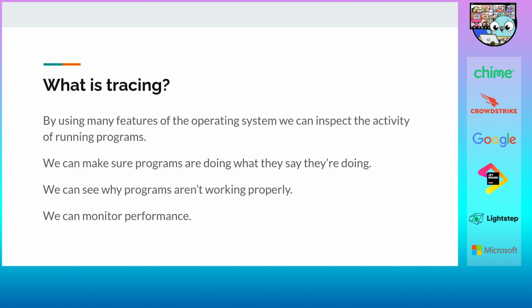This is done by leveraging features of the operating system, typically, to inspect the activity of running programs. By developing tracing tools, we're looking to answer questions like, how much CPU time is a particular process using? What files is it touching? Is it starting other processes?